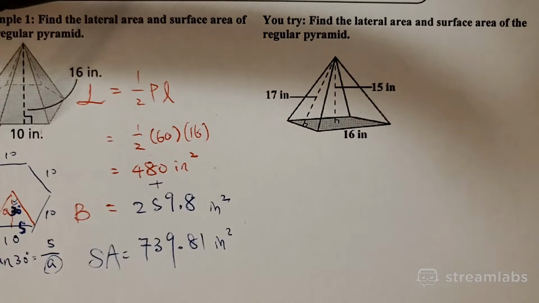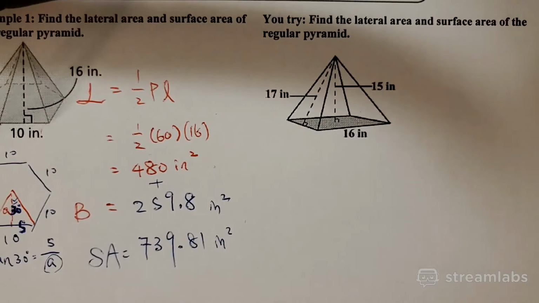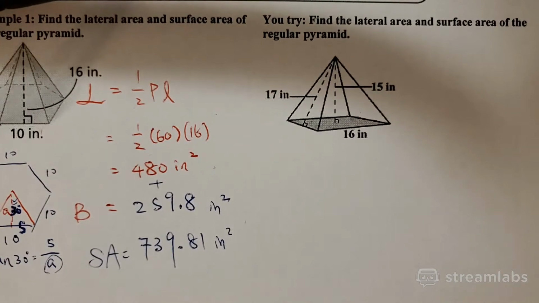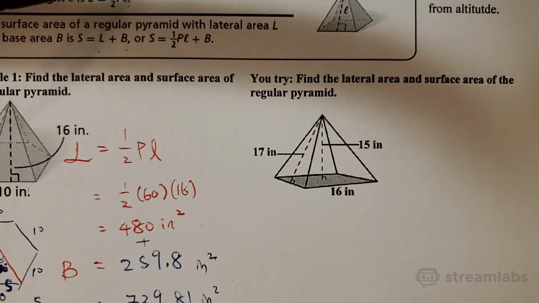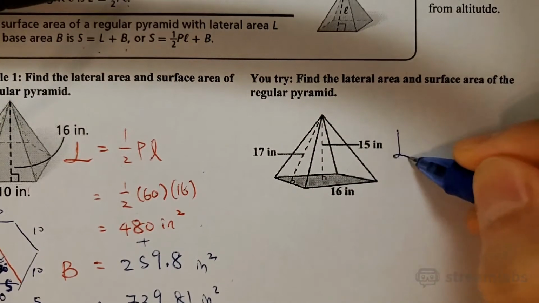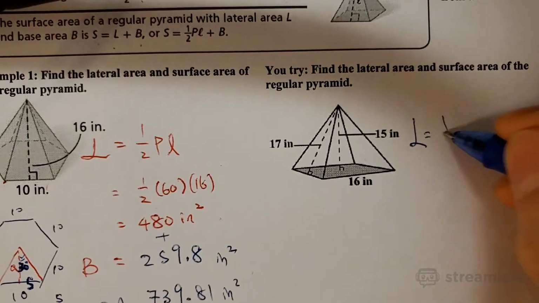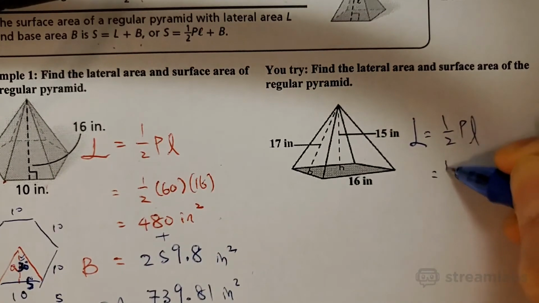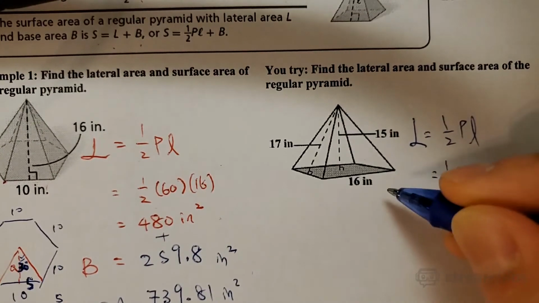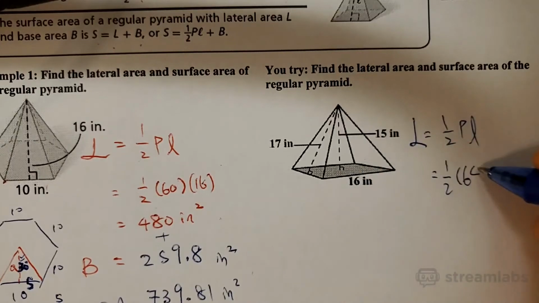All right. We got good answers. Darren, I like your answer. 800 looks good. So lateral area is 1/2 perimeter times slant height. 1/2 perimeter is 16 times 4, so 64.